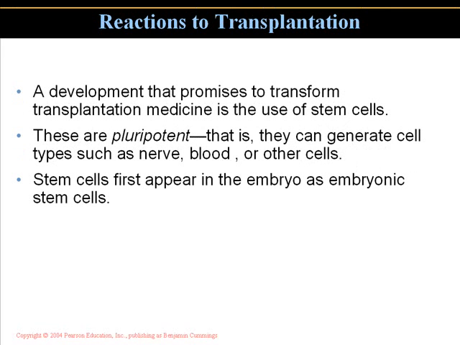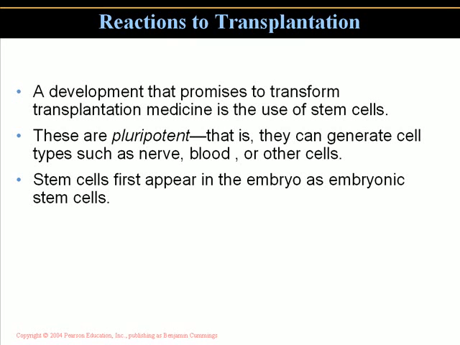A development that also promises to transform transplantation medicine is using stem cells. These are pluripotent. In other words, what this means is that they can generate cell types such as nerves, blood, or other cells. Stem cells are basically a blank sheet of paper, and they will develop into the type of tissue irrespective of its function.